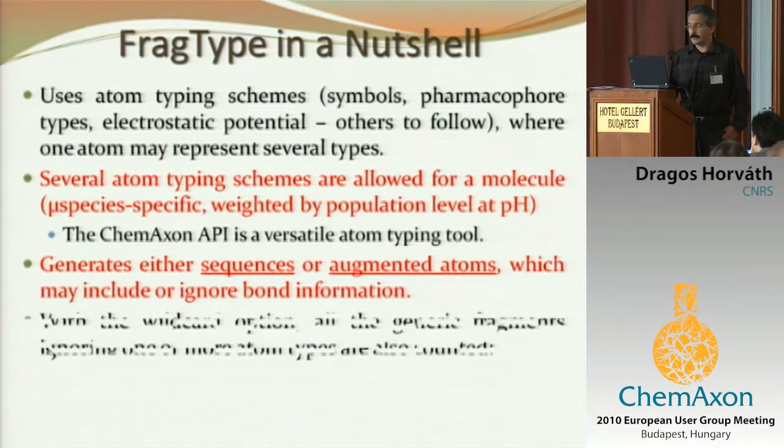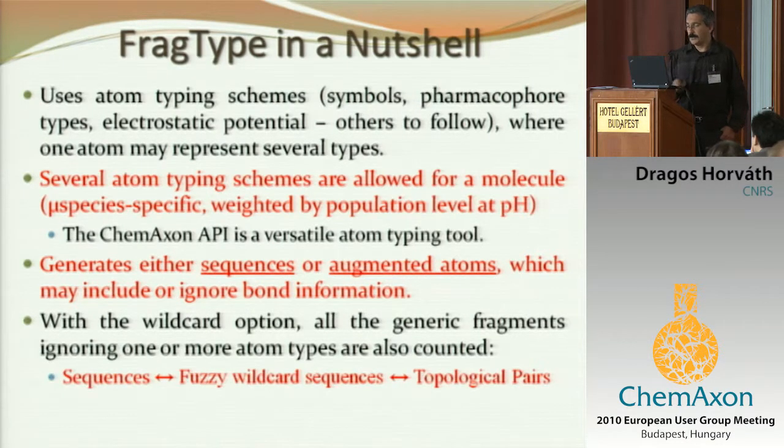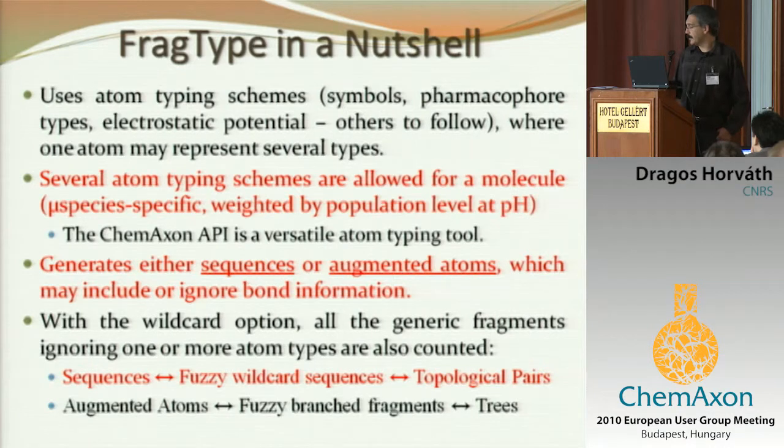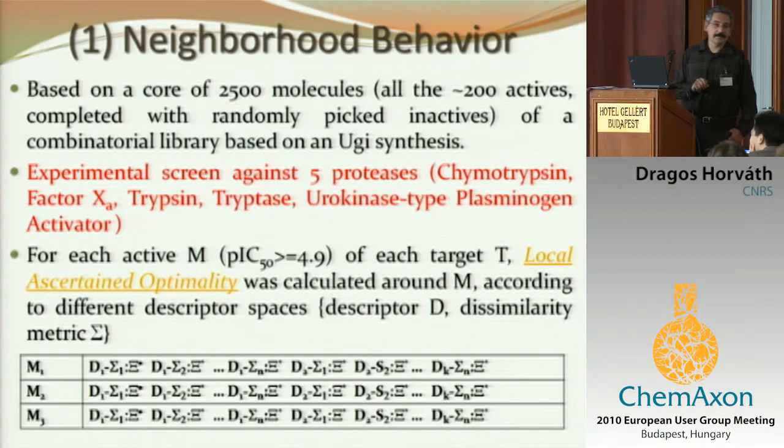So we got sequences and augmented atoms, with or without jokers, from sequence to fuzzy wildcard sequence to topological pair, or from the augmented atoms to the fuzzy branch fragments to the trees. Nice. So what? Well, we did several tests.